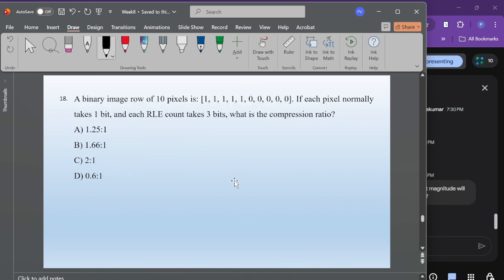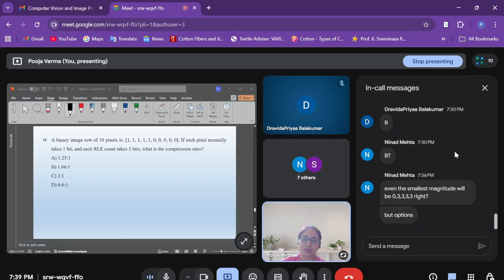The next question is a binary image row of 10 pixels that is given as 1 1 1 1 1 and 5 times 0. If each pixel normally takes 1 bit and each RLE count takes 3 bits, what is the compression ratio? So how can we calculate this question?